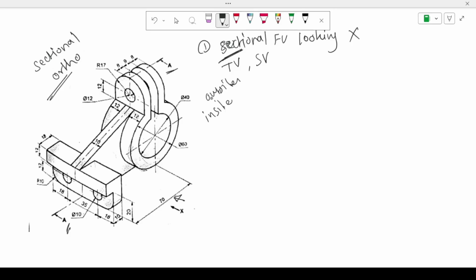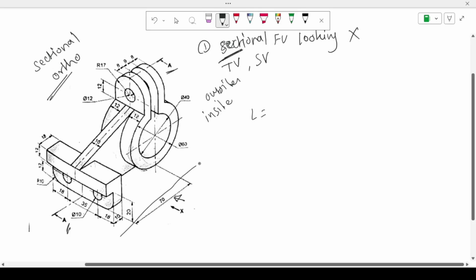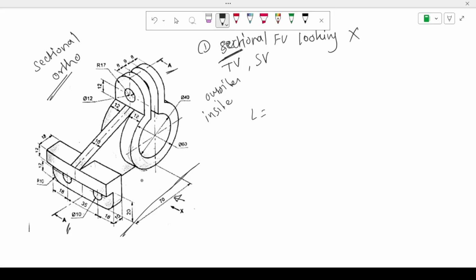We imagine actual construction. Let's calculate the total length, height and the width. So total length is equal to, this is our overall length. How to calculate it? Just from this to this center line, it is 70.